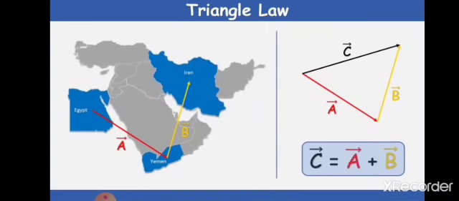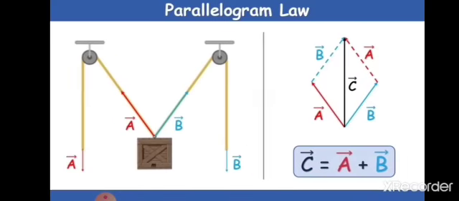Vector C has the same effect as vector A and vector B acting together. There are three laws of vector addition, namely the triangle law, the parallelogram law and the polygon law of vector addition.